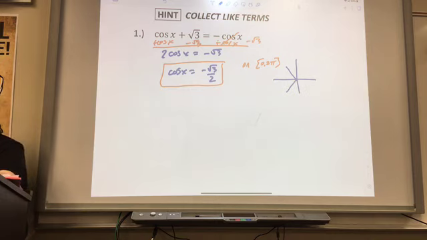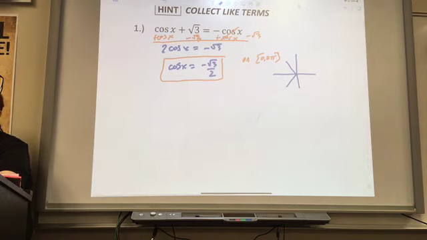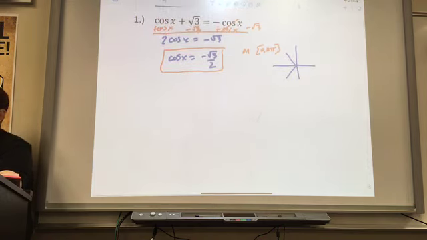Where is cosine negative? What quadrants? 2 and 3. Because it goes like this. ASTC. Right? From your best friend chart.